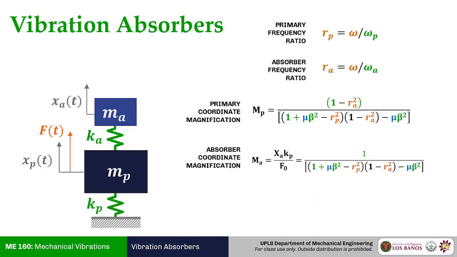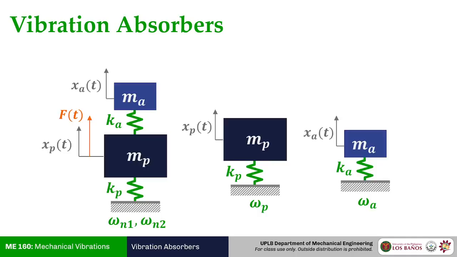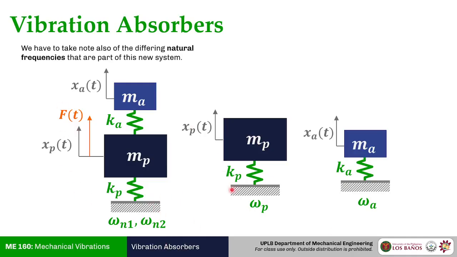Now, before we proceed, we have to make distinctions between the individual components and the combined system themselves. On their own, the primary system has a unique natural frequency, and so does the absorber. Now, if you combine the absorber to the primary system, something happens. What happens is that the natural frequencies of this combined system are completely changed.